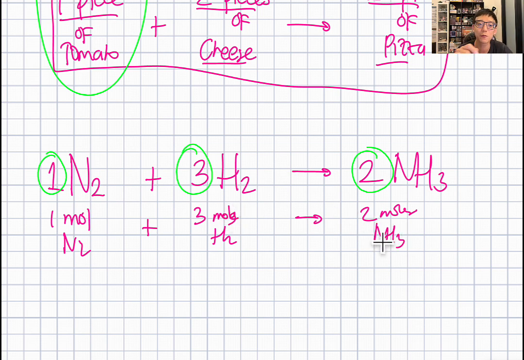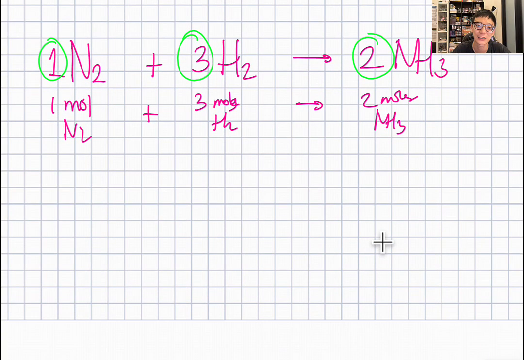If we are able to find the mole of one thing, we are able to find the mole of the other things. For example, now we're trying to find the mole for this nitrogen. What is a mole exactly? A mole is a unit of the amount of substance, like 1 kilogram or 1 liter. But mole is the amount of a substance, the amount of particles: 1 mole, so 1 unit.